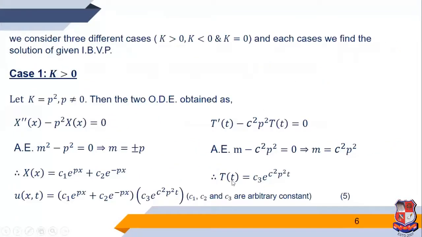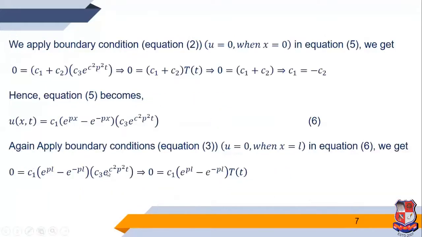Because if we consider T of t equal to 0, then directly we get u x,t is 0, and u x,t is 0 means the trivial solution. So we can't consider T of t equal to 0, then we get C1 is equal to minus C2. Now we put C1 equal to minus C2 in equation 5. Then equation 5 becomes u x,t is equal to C1 into e raised to px minus e raised to minus px into C3 e raised to c square p square t, which is called equation 6.